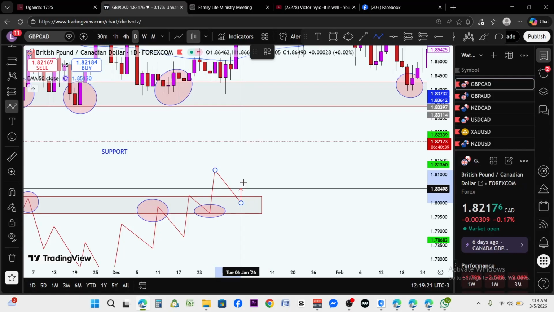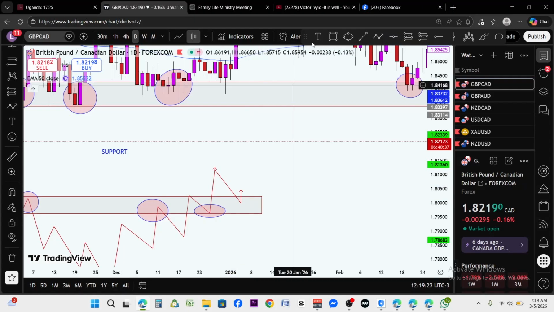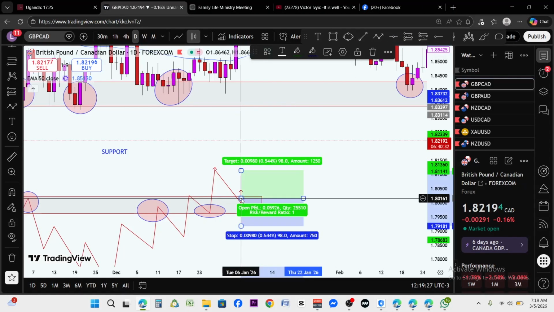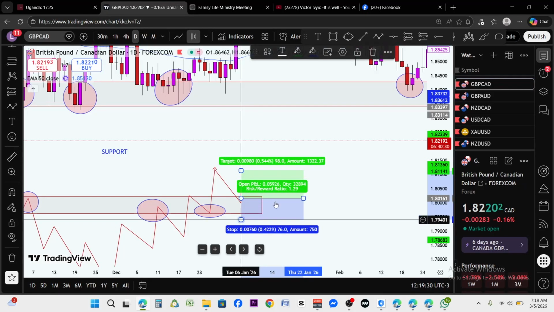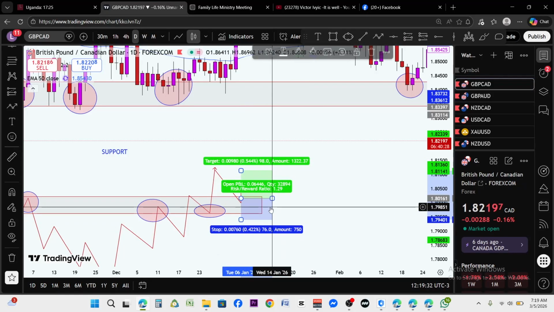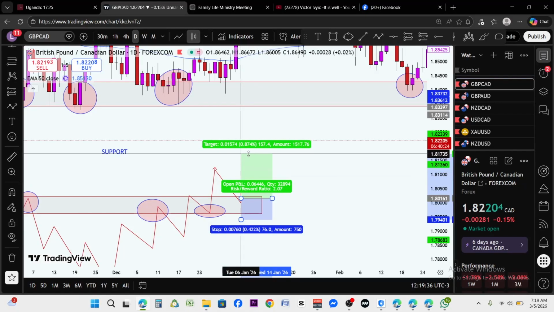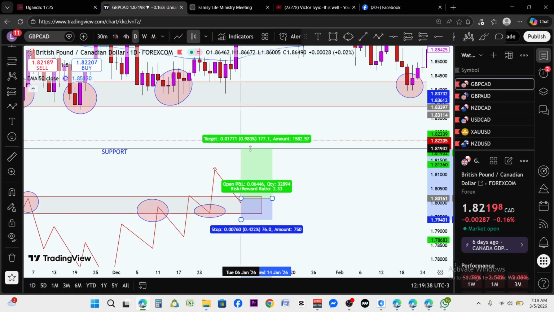Then from here, I can now buy. Put my buy here, my stop loss here. Then I target the next higher highs with a risk to reward ratio of 2:5.